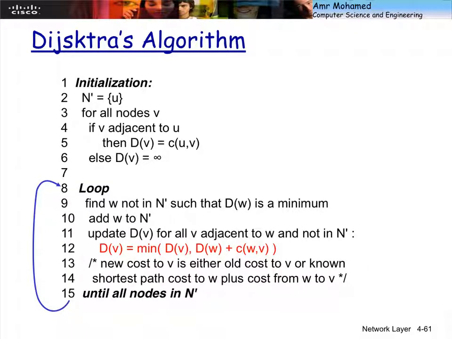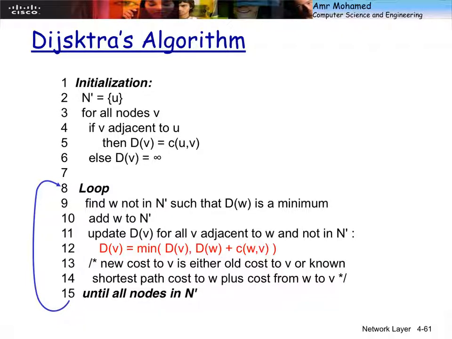So the loop goes as follows. We will take all these adjacent nodes and select the one with the minimum D(V), and then we add this node to N'.